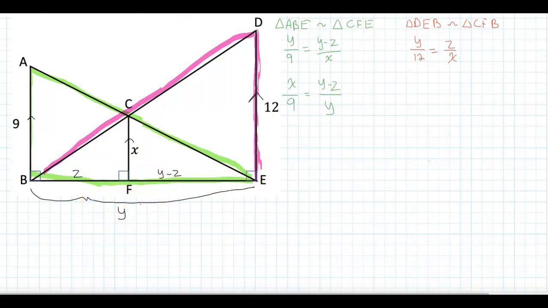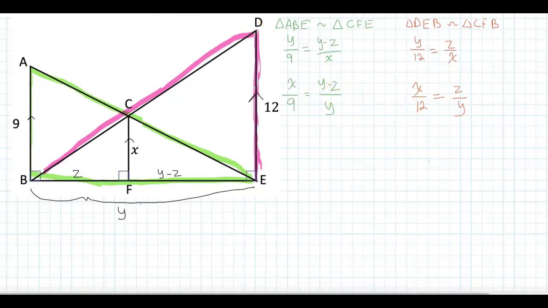Similarly, we can look at the other triangle there. So x over 12 again, the small leg, x over 12, is equal to z over y. Okay. So, is there anything I can simplify here?